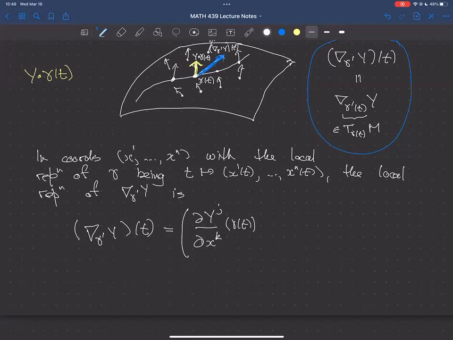Then x is being replaced by gamma prime here, and gamma prime in coordinates is x dot.